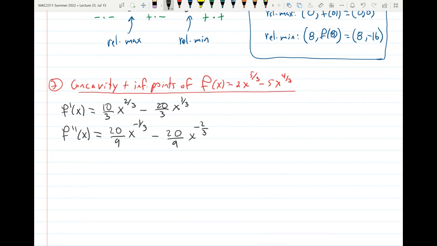Okay. All right, so now remember, negative exponents are kind of deceiving, so make sure that you write them in the denominator and then you combine. Now here, this is 20 over 9, so it's begging for you to factor it, so let's do it. Let's factor 20 over 9, and then here we're going to have 1 over x to the 1/3 minus 1 over x to the 2 over 3. And now we just need to combine these two fractions. Remember, all we need to do is make the denominators the same, and we can easily do that by multiplying the first one top and bottom by x to the 1 over 3.